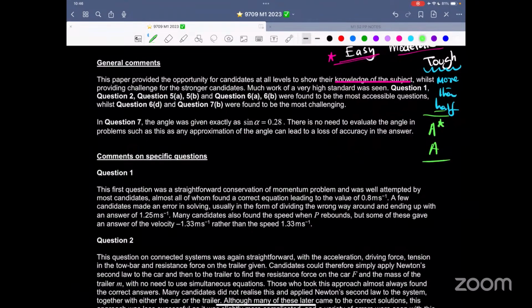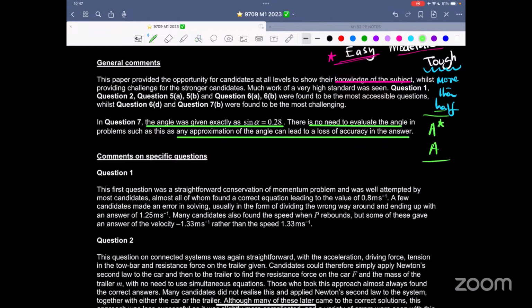Much work was of a very high standard, and these ones were challenging. In question 7, the angle was given exactly as sine alpha is 0.28. There is no need to evaluate the angle, as any approximation of the angle can lead to loss of accuracy.